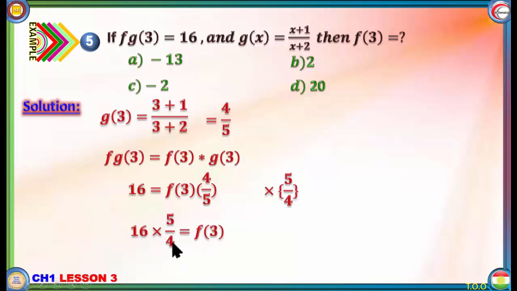Cancelling 4 with 16, remain here 4. That means 4 times 5 is 20. Therefore f of 3 is 20. That means D is the correct answer.